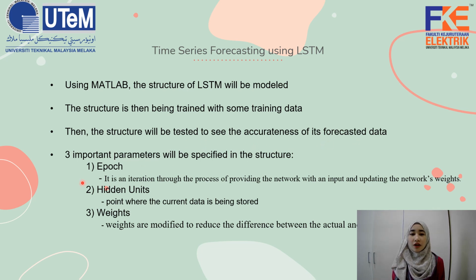There are three important parameters that will be specified in the structure, which are epoch, hidden units, and weights. Epoch is an iteration through the process of providing the network with an input and updating the network's weights. Hidden units is the point where the current data is being stored, and the weights are modified to reduce the difference between the actual and desired output.